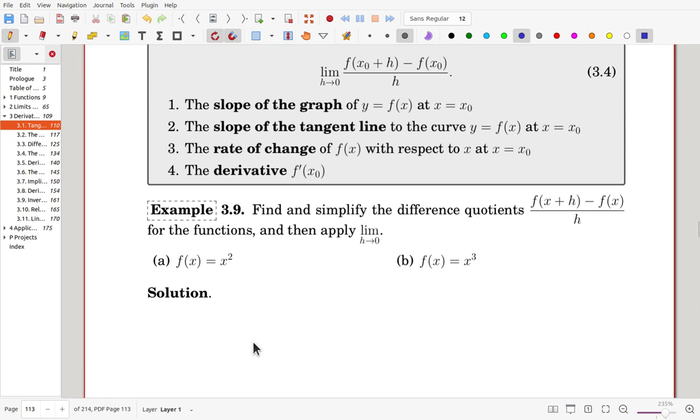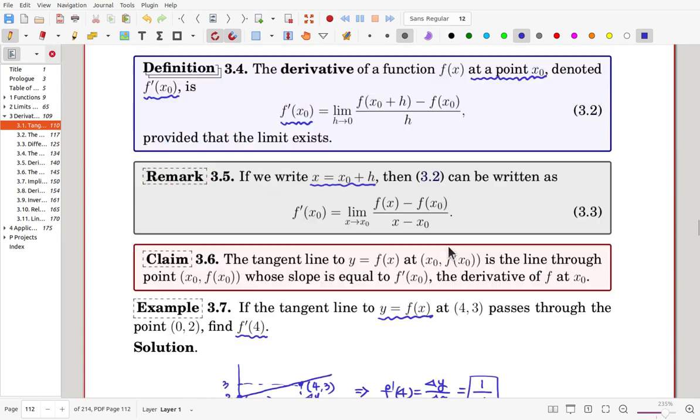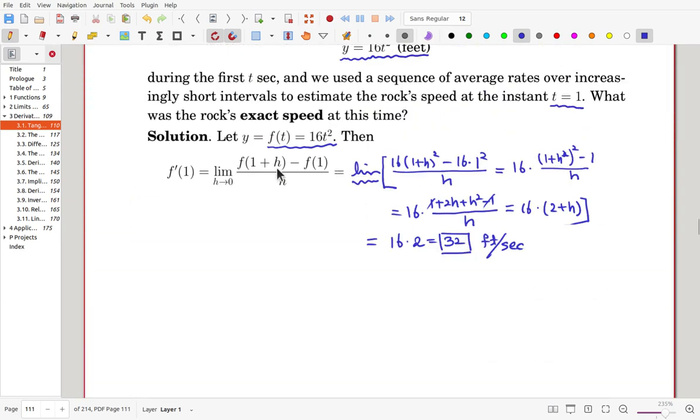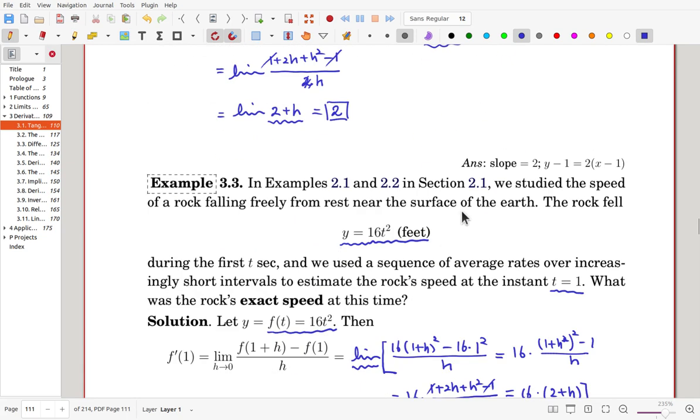Now, before ending the section, we'll do this computation. We have to find and simplify the difference quotient, and then apply the limit as h approaches 0. Rather than a specific point x0, earlier we chose x0, for example 1, and some other points.